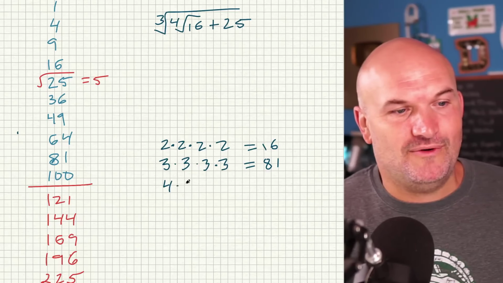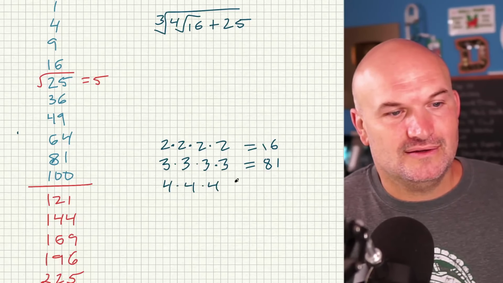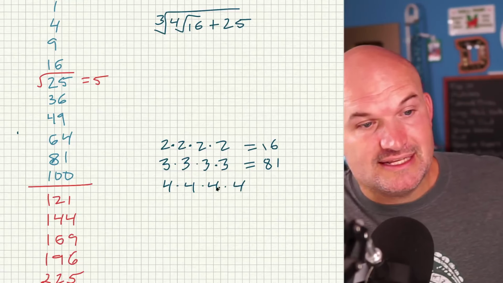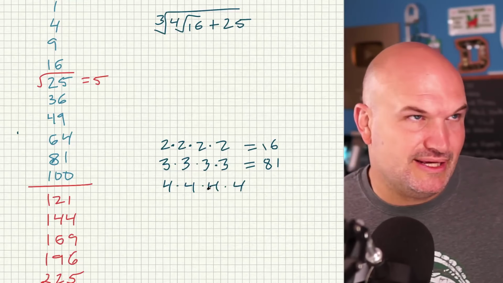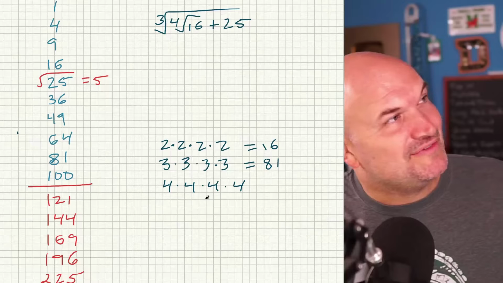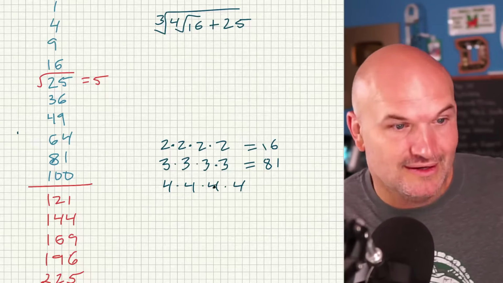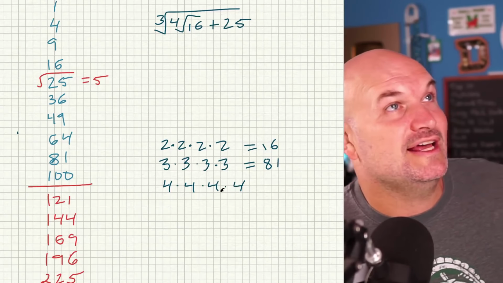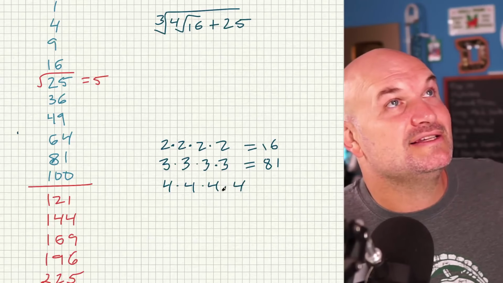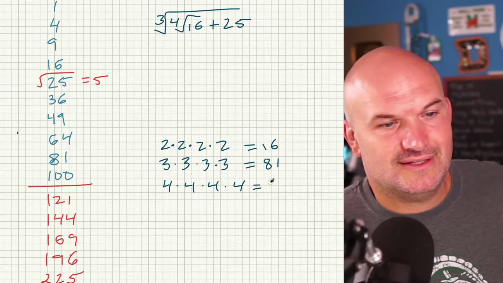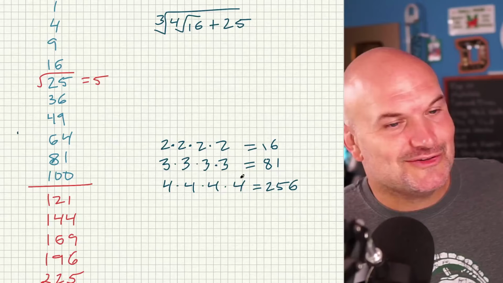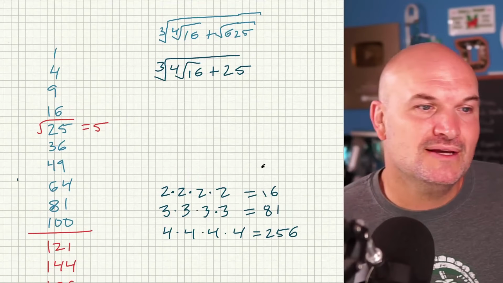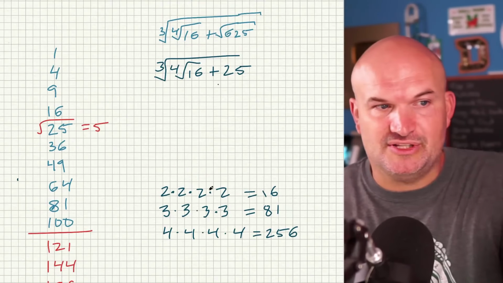And even when you get to 4, 4 times 4 is 16, times 4 is 64, and then times 4 is 256. Do you guys see what's happening here? There are only so many numbers unless you start getting really, really big numbers. So the fourth root of 16 is simply going to be 2.